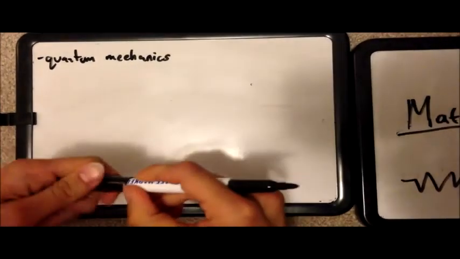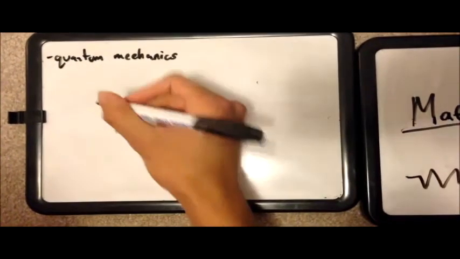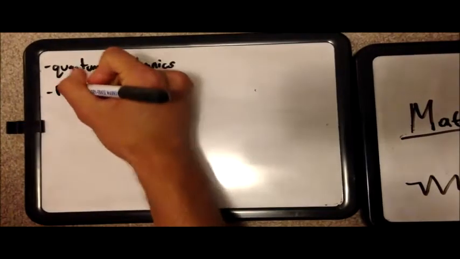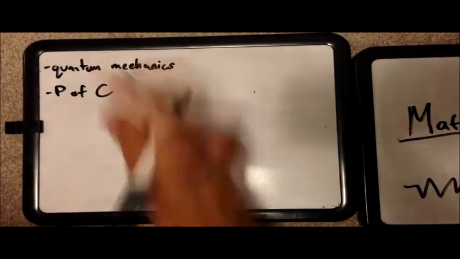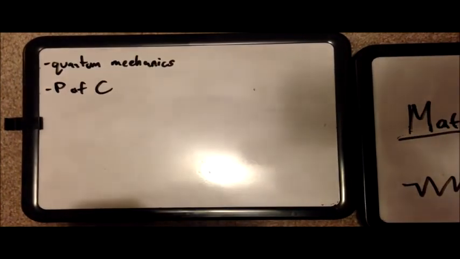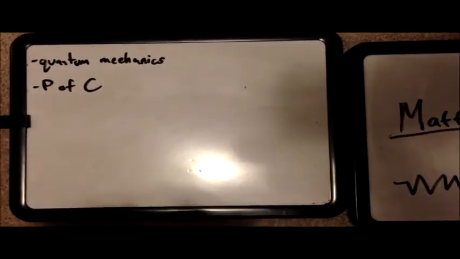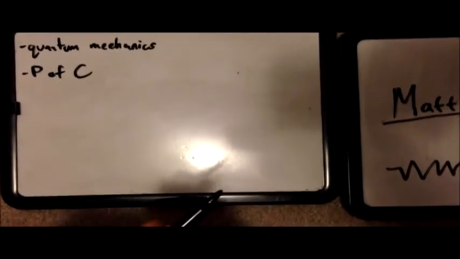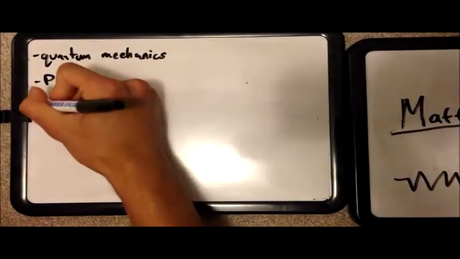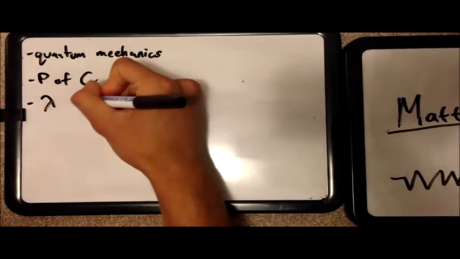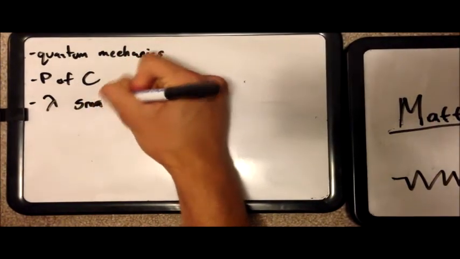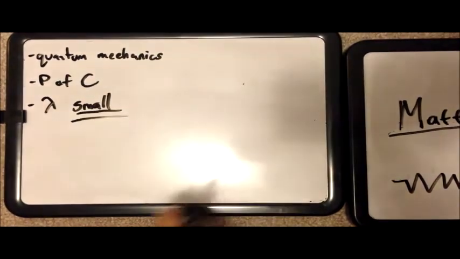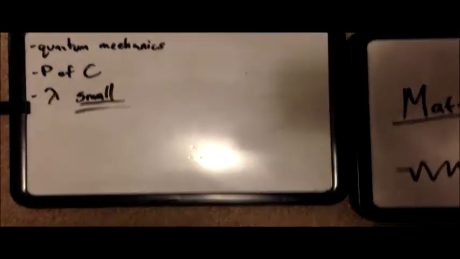The principle of complementarity applies to radiation, but also applies to matter as well. And so ordinary objects, like a baseball, also have associated wavelengths. But the problem is these wavelengths are very short and very small. And this is why they avoid detection.